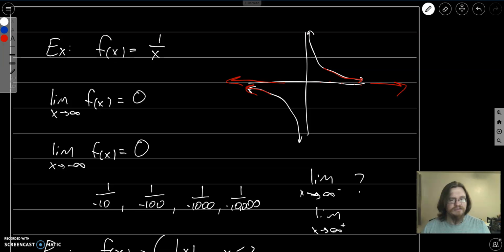So I can only approach it from the left-hand side. There's no way that I can start out here and come this way to infinity. No, infinity's further to the right than that. I can't get on the other side. So we don't normally talk about approaching infinity from the left or right. It just doesn't really make any sense. It's too far out there.